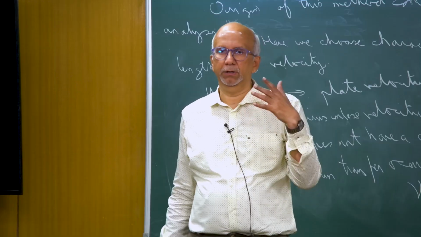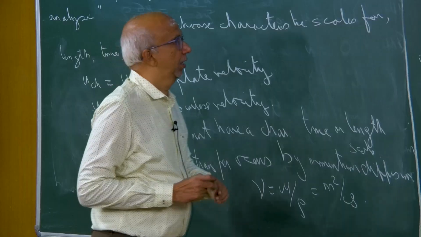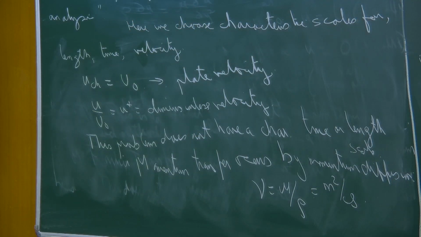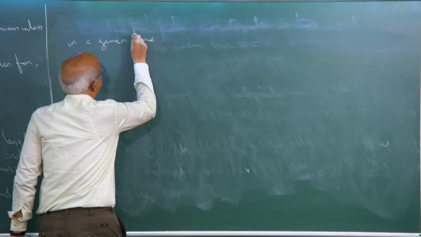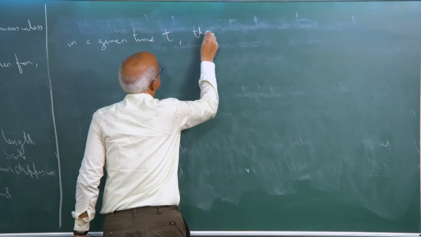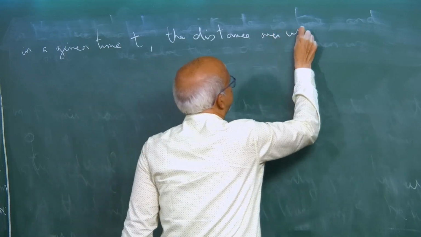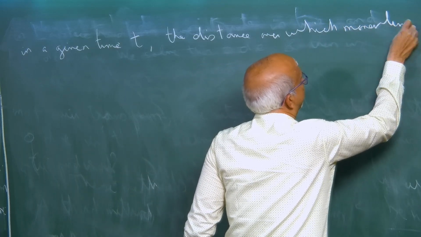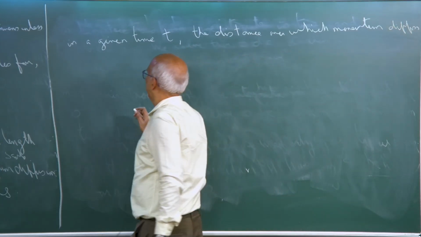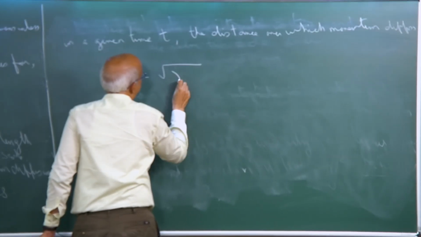Then you know, in a given time t, the distance over which momentum diffuses is going to be given by L, the square root of nu times t.